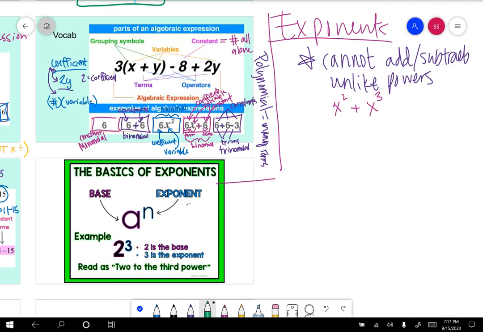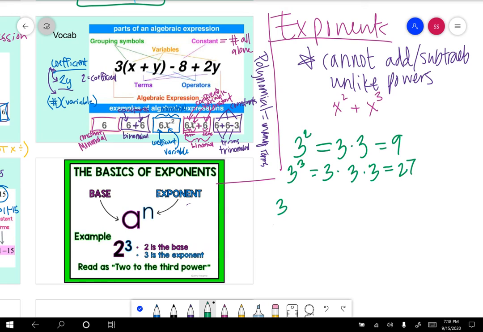I'm going to go over a couple different examples just to get you to understand the reasoning behind that. So if we have 3 to the second power, that's the same as saying 3 times 3, which is equal to 9. Go with me here. 3 to the third power would be 3 times 3 times 3, which would be equal to 27.